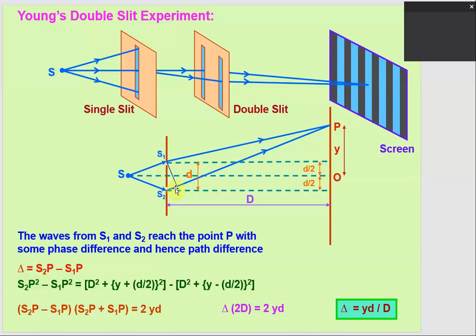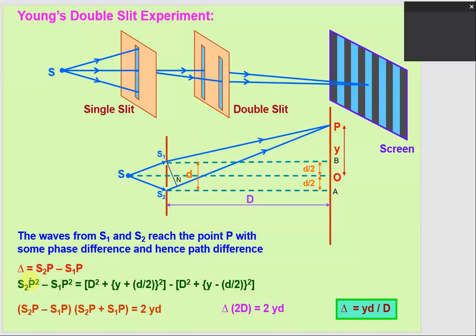It is the diagonal, or we can say the hypotenuse, of the triangle S2PA. And S1P is also the diagonal, or the hypotenuse, of the triangle S1PB. So we are taking their squares so that we can use the Pythagoras theorem.